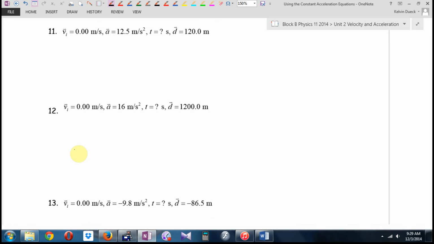Number 12. What are we being asked to find in number 12? Time. Okay, can you figure out which equation we're going to be using? Same one? Oh, okay. By the way, that's actually a really important one, especially in Physics 12.